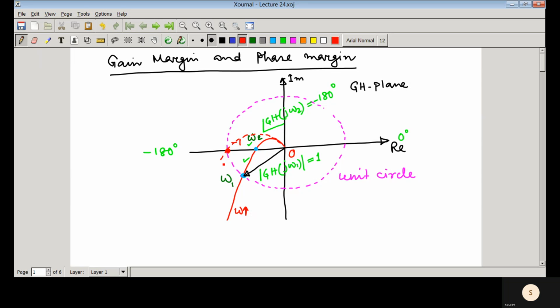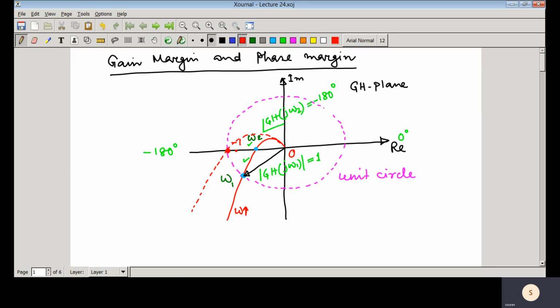If we increase the gain of that system, it would happen that at a particular value of the gain, the Nyquist plot would be passing through the critical point. Whenever it is passing through the critical point, it indicates that the system would be on the verge of instability.